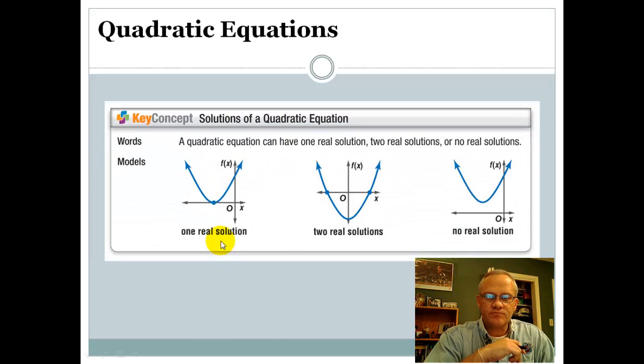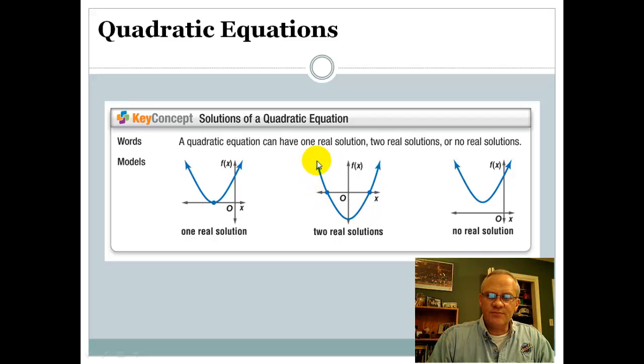All right, here are the potential situations that you can get when you're solving a quadratic equation. Remember, the graph makes a parabola, so here are the different possibilities. First, you could have one solution, where the parabola touches right at the x-axis.